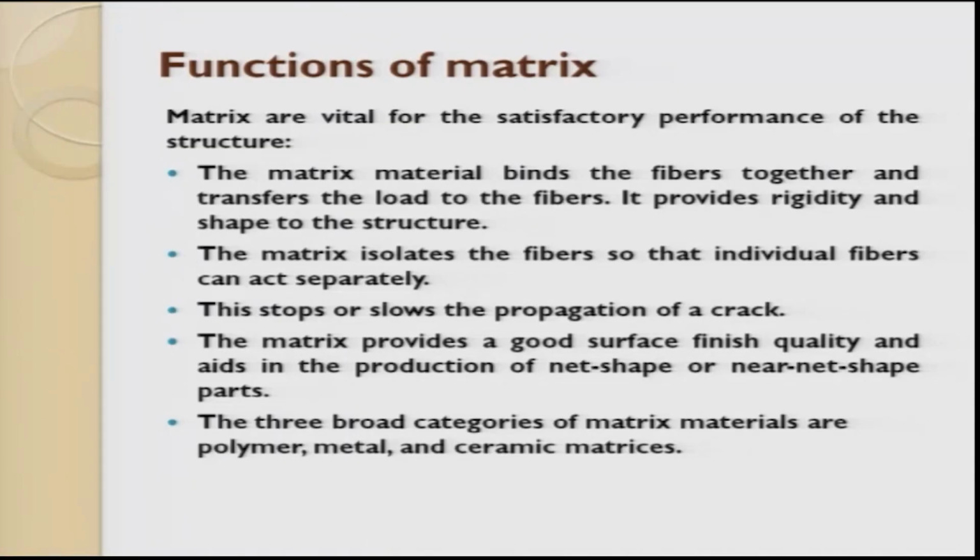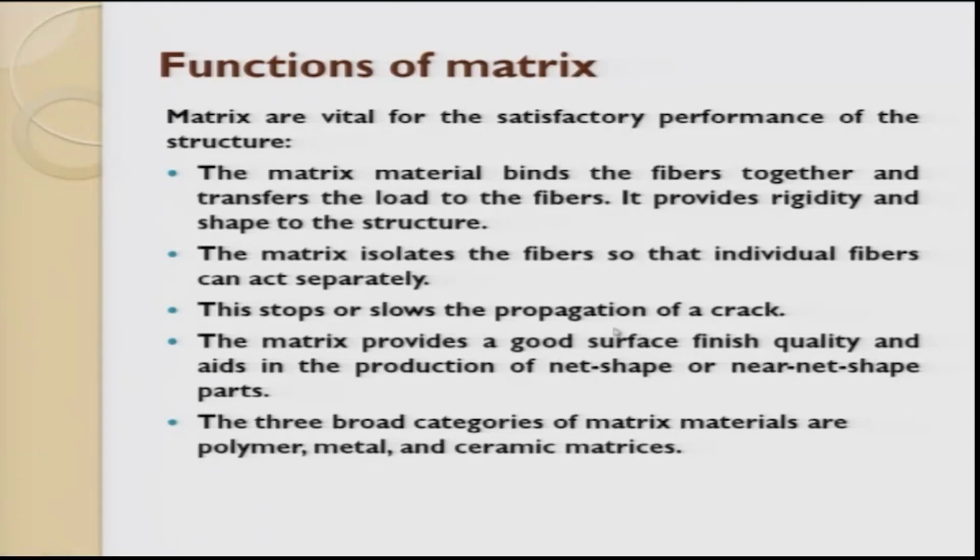So in order to make a product, we use a matrix and a reinforcing agent. It provides rigidity and shape to the structure. Second thing, as I told earlier, if you want to selectively make the fibers take the load, that is possible by properly designing the matrix, and the matrix is also allowed to isolate fibers so that you can make sure those things take over.